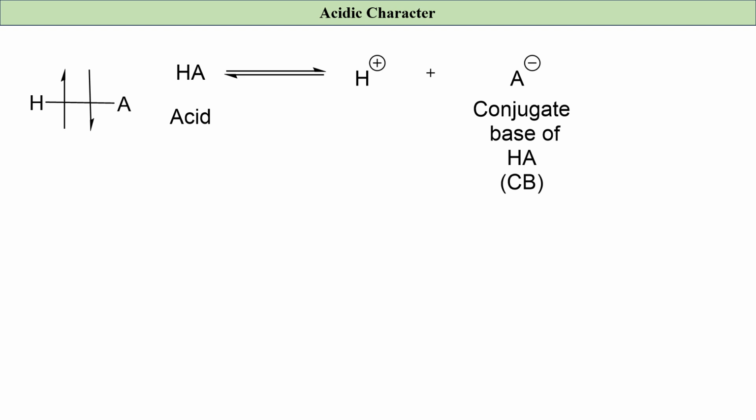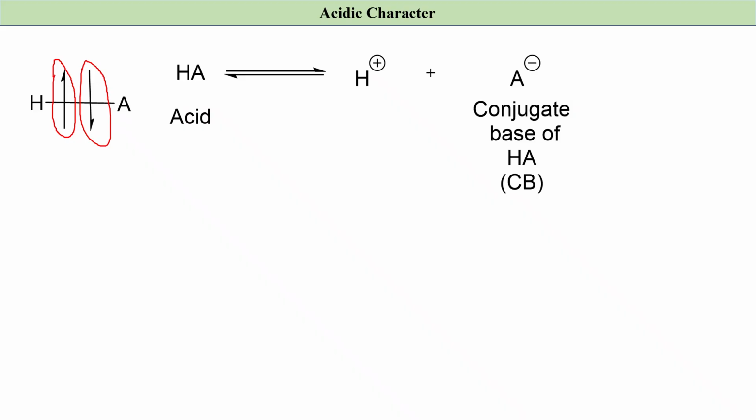Since HA is a covalent molecule, the bond formed between H and A is a covalent bond, which is the sharing of electrons. One electron is of A, and the other electron is of hydrogen.